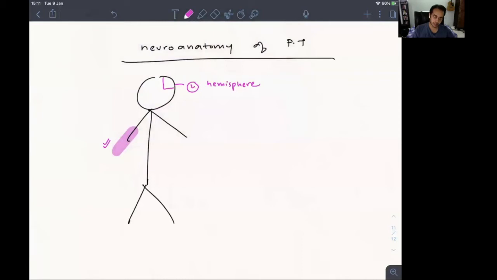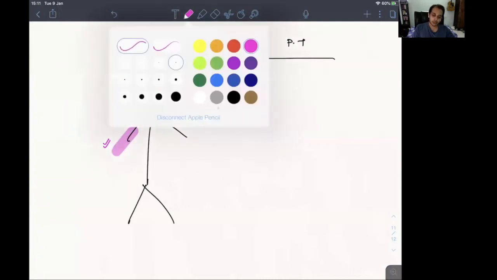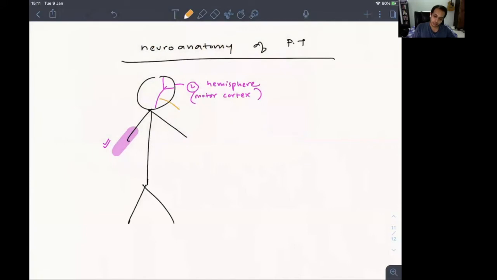And the way it controls it is that your left hemisphere has an area called the motor cortex. So there's a right motor cortex and a left motor cortex. If you want to move your right hand, your left motor cortex will send a signal, and that signal will leave the motor cortex through the tract known as the pyramidal tract.